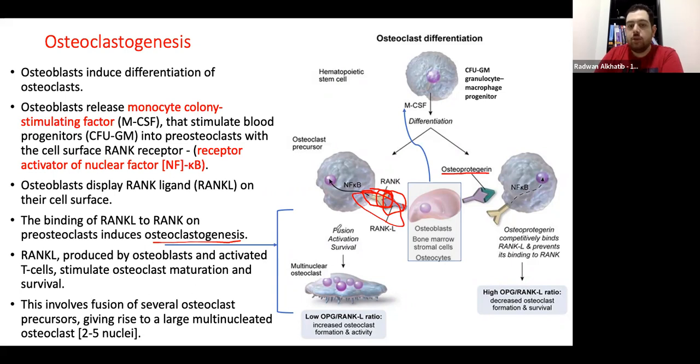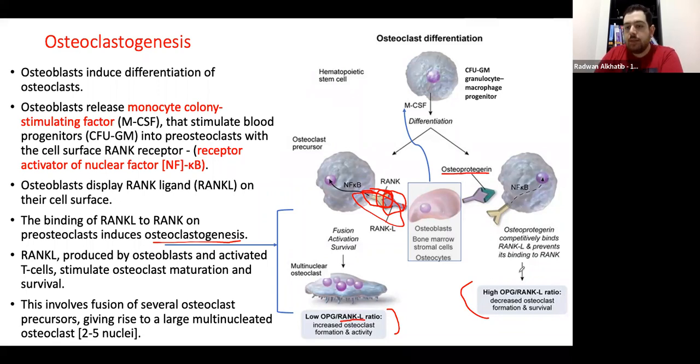And then after that, once the osteoclast is activated, many cells will fuse together to give us this huge cell that we've talked about. Here is a very important concept in these two lines. Basically, it's saying that when you have a low OPG to RANK-L ratio, which means that you have high RANK-L and low OPG, you are destroying the bones more, because RANK-L will cause more osteoclast activation and more bone destruction.